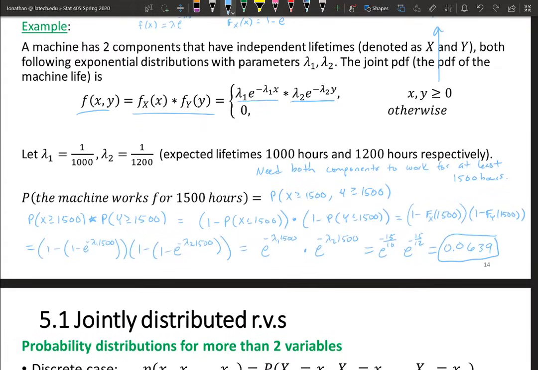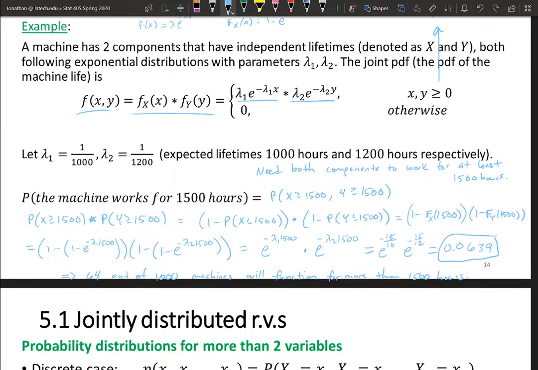So 64 out of 1000 machines will function for more than 1500 hours.